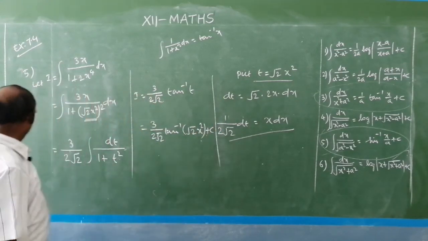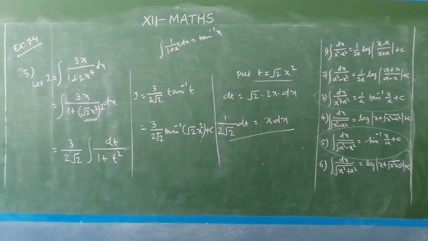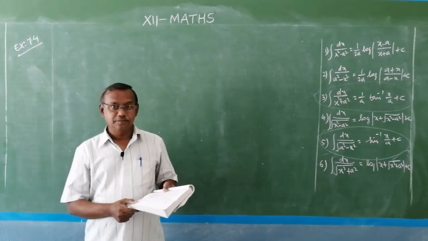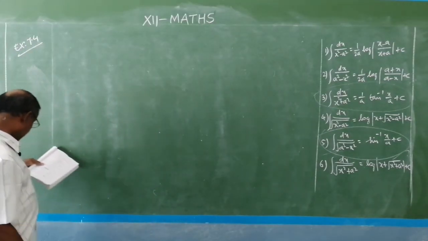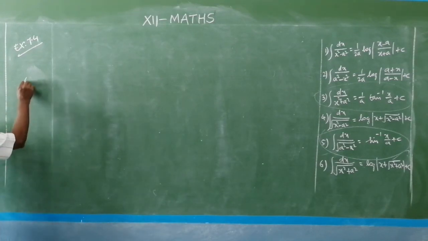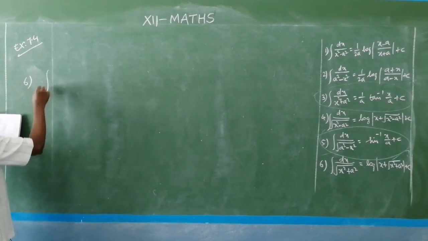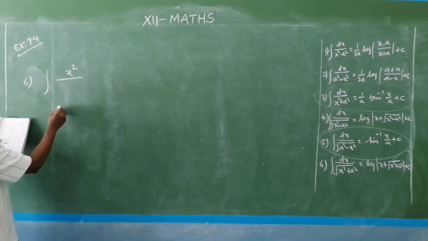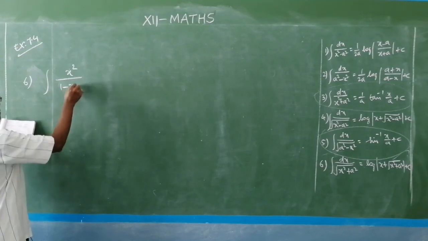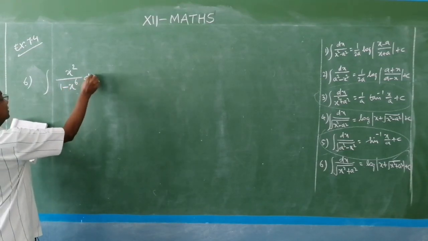So this is the answer: 3 by 2 root 2 into tan inverse of root 2 x square. Next, question number 6. This is integral x square divided by 1 minus x power 6 into dx.